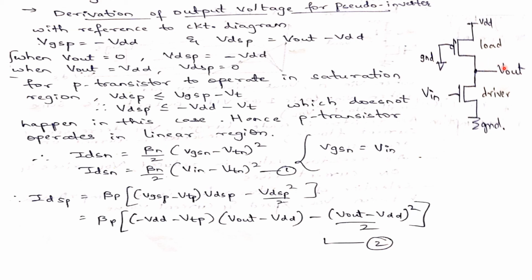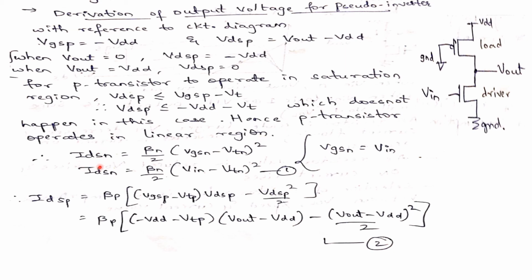So we will be deriving this case. The expected output required is 0. So when output is 0, VDSP is minus VDD. So minus VDD less than or equal to minus VDD minus VT. So this condition is not satisfied here. So it means the PMOS transistor is operating in the linear region.